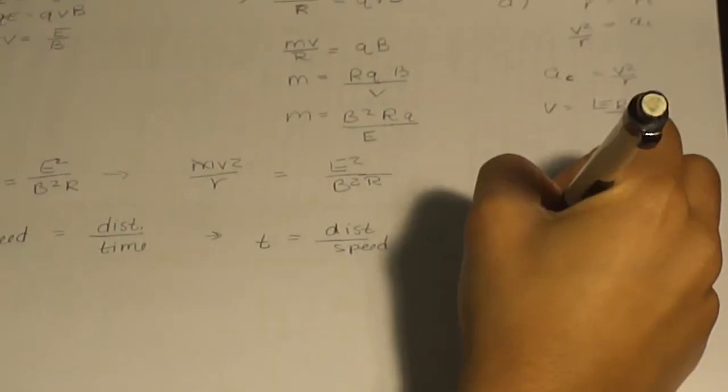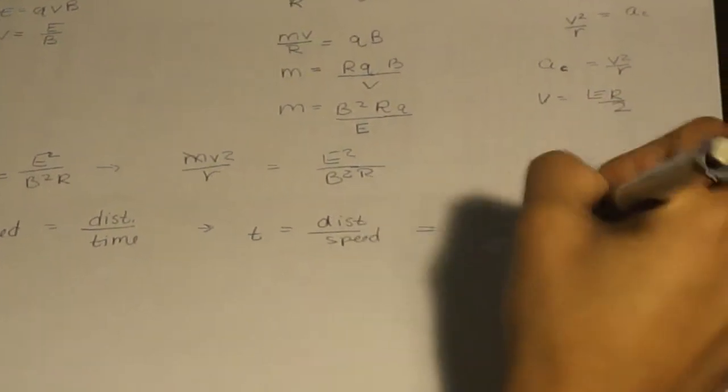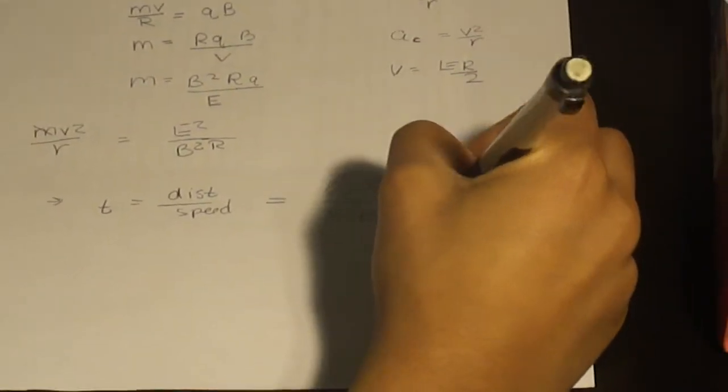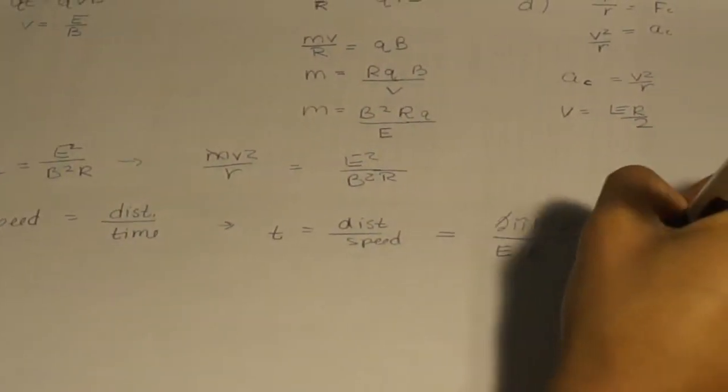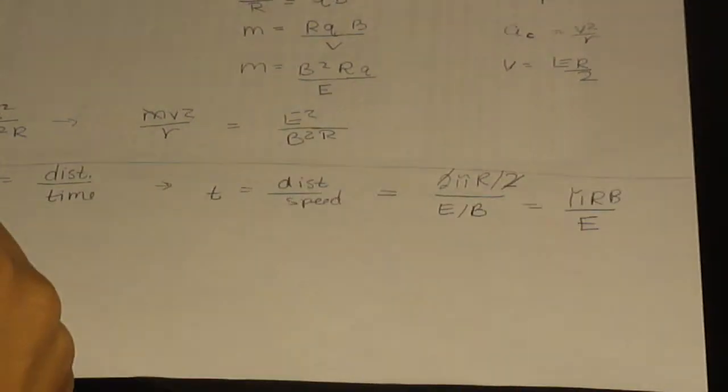In this instance, the distance is half of a circle, a semicircle, so it's 2 pi R divided by 2, divided by speed, which is E over B. We cancel out the 2's, and ultimately we get pi RB over E. And this is part F.